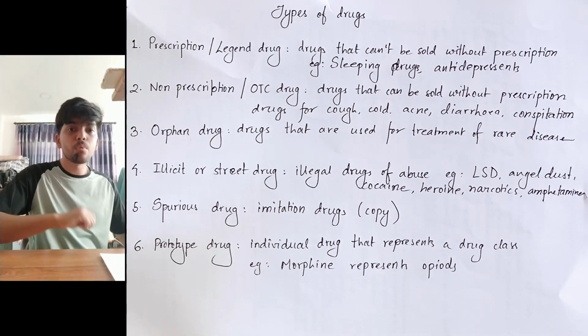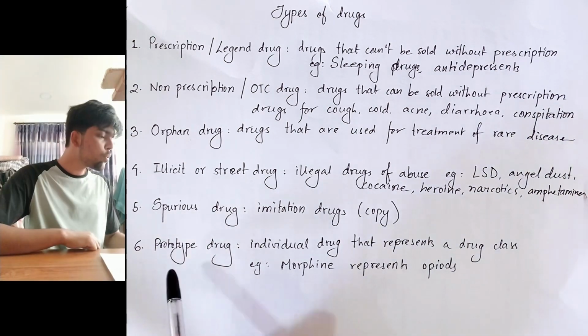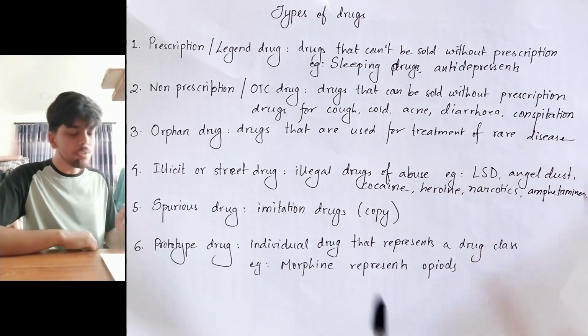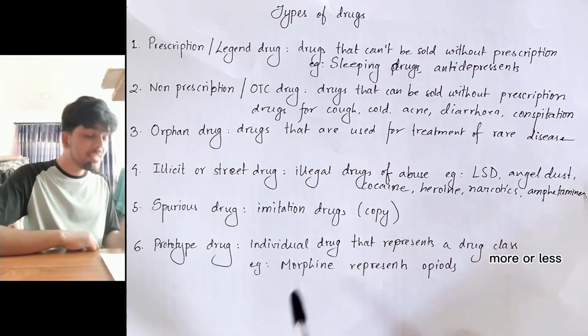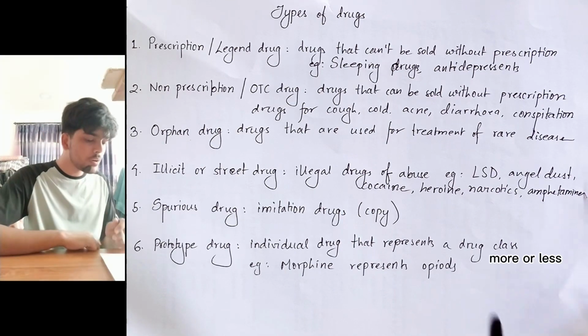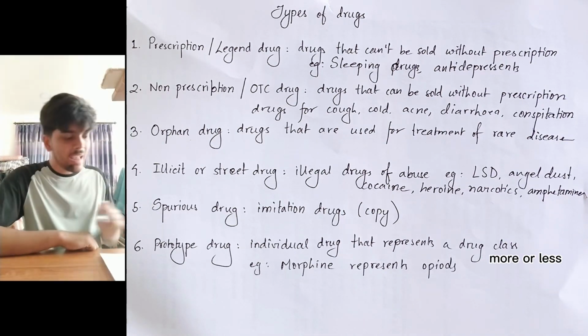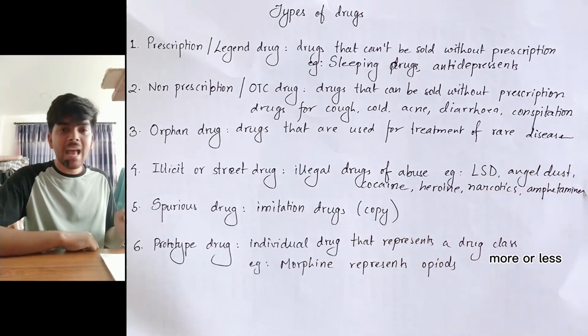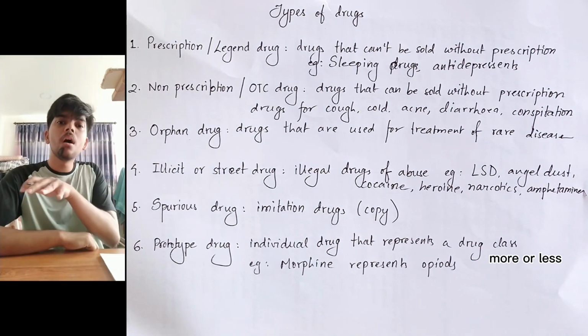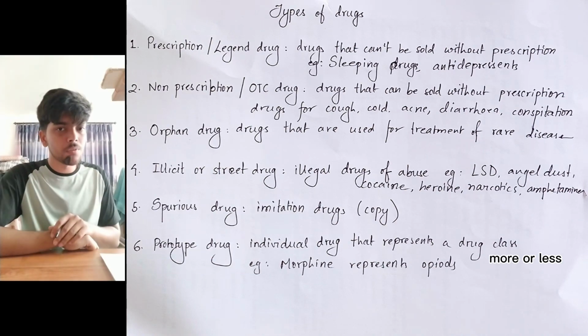So morphine is a prototype drug. Basically, a prototype drug is an individual drug that represents a drug class. So morphine is an individual drug that comes under the drug class of opioids, and the characteristics, chemical and physical features of morphine can be used to relate to all other drugs that come under the same class of opioids.